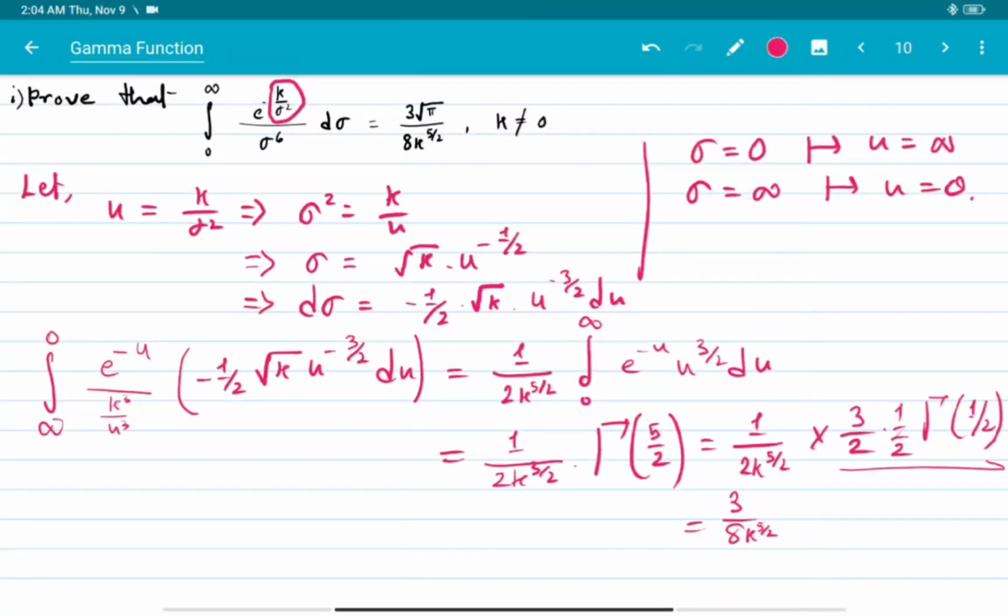So this is 3 over 8, and in the denominator k raised to the power 5 over 2, and this is nothing but root pi. So we have proved this, right?